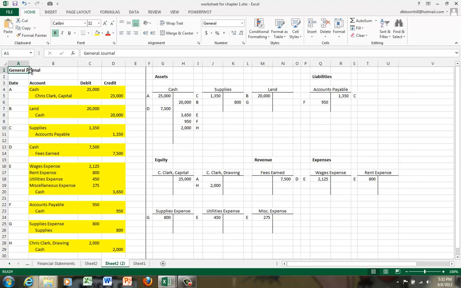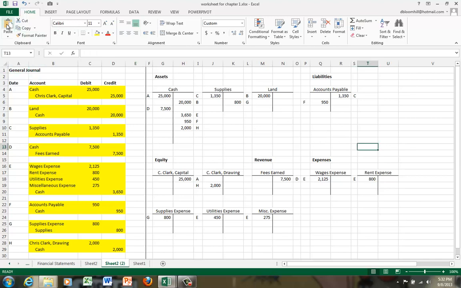Now, the next part is to just calculate the ending balance in each one of the accounts. So first of all, if an account just has a single entry, so for example, all of our equity, revenues, and expenses just have a single entry, that is the ending balance in the account.